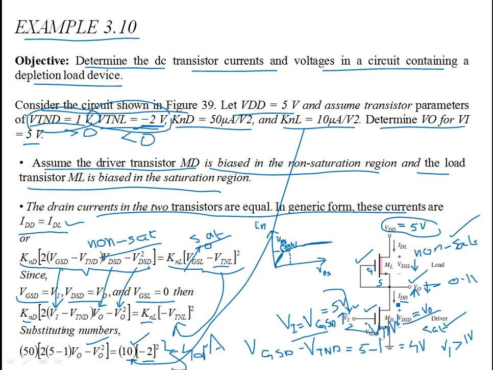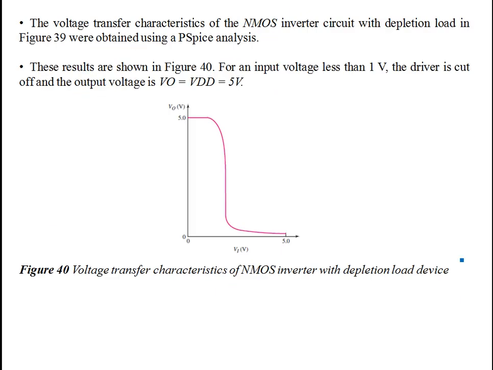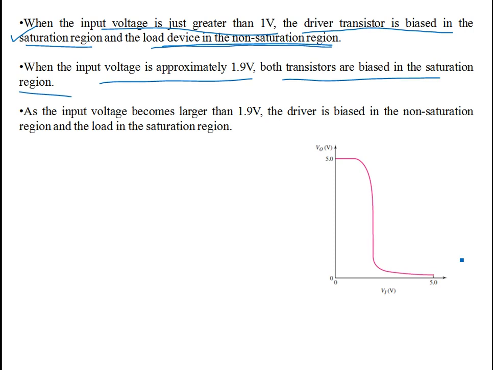It is affecting the saturation or the non-saturation. So it's going to drive the load transistor also into the saturation region, and the driver in the saturation region as well. So both transistors are in the saturation region.